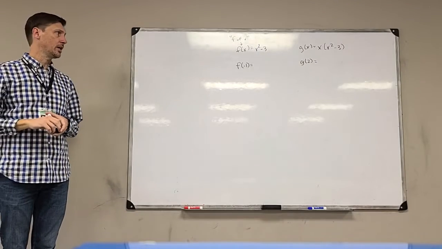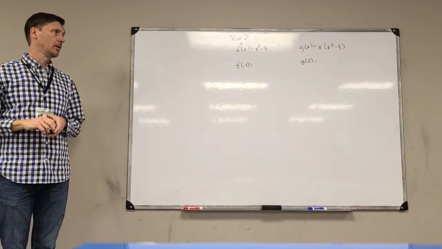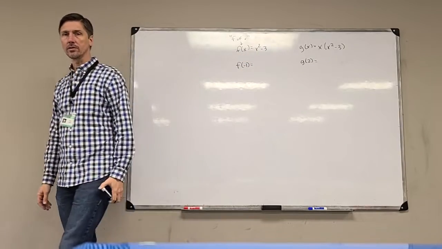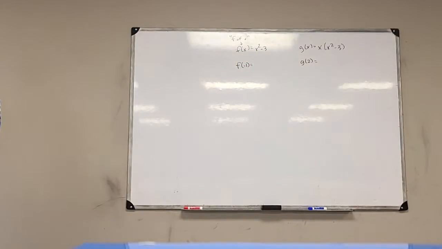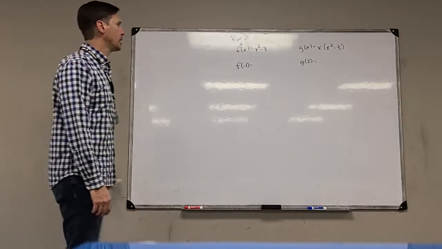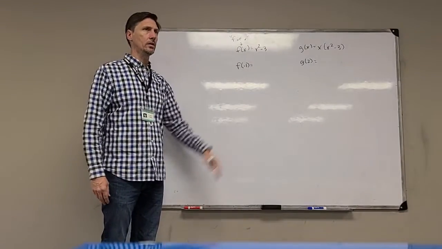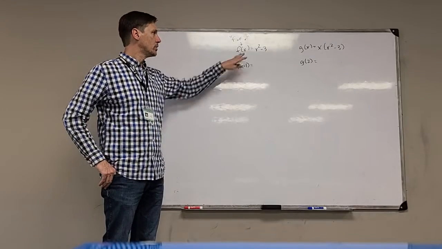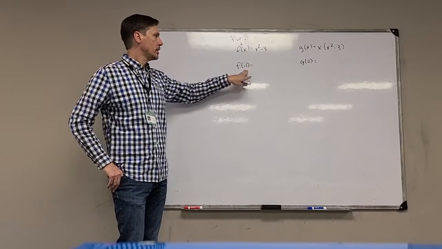It's an expression that has some variable x in it. X is the independent variable, and what we get for the whole function is dependent upon the value of x.